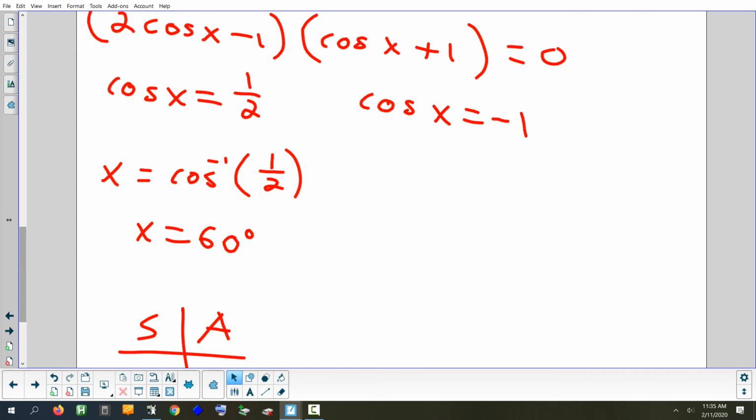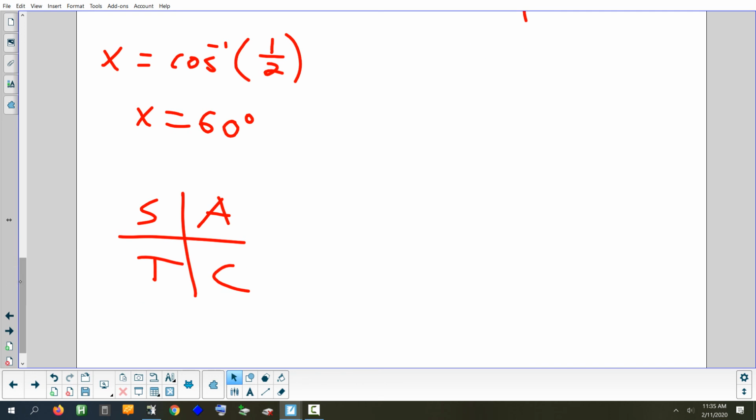If you're looking for where cosine equals a positive number, which we are, where cosine equals positive 1/2, on that coordinate plane, how many quadrants does that happen in? 2. It happens here. And where else is cosine a positive number? 4. You have that answer, 60. That's your reference angle.